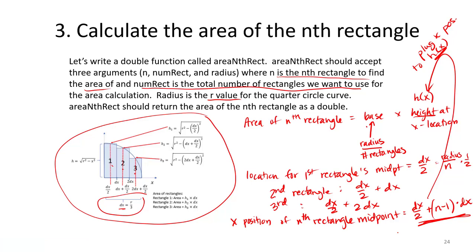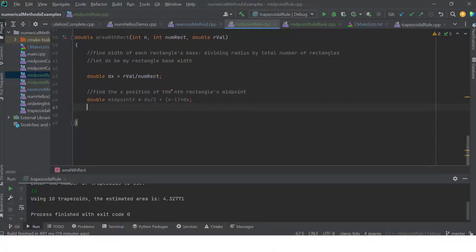So as we mentioned before, using our figure and the reasoning shown here, we determined that the x position of our nth rectangle must be given by dx over 2 plus n minus 1 times dx. And now we have the x position of our midpoint.